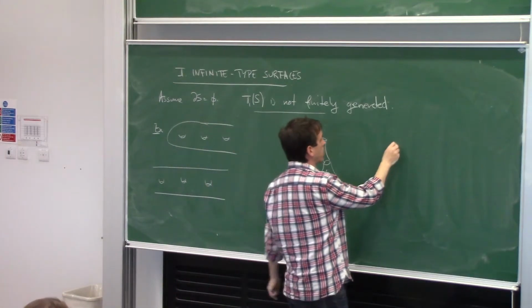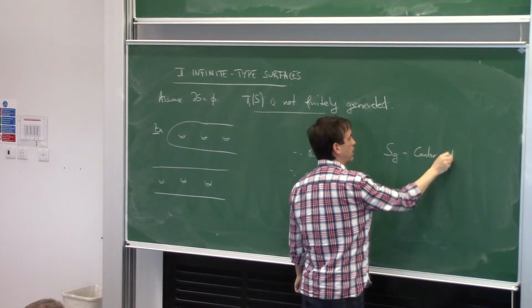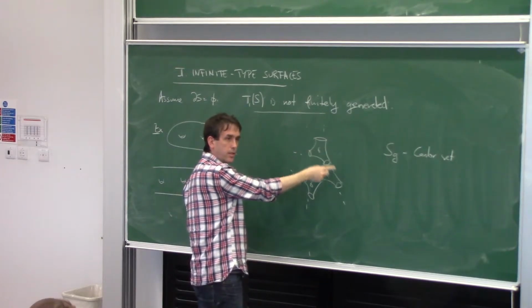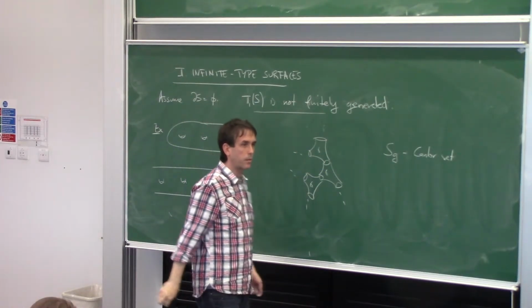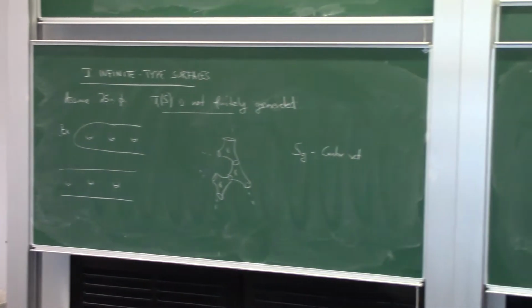You could take S_g minus a Cantor set. So, for instance, for g equals 0, it corresponds to erasing the genus here, right?